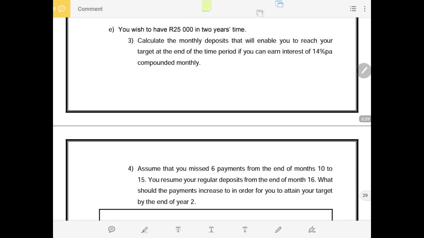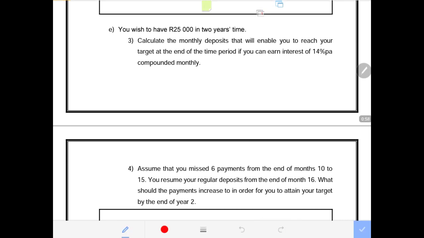So the main focus of the chapter is a cash purchase where you identify what you want, and you invest money every month or every 3 months or every year in order to achieve the target product that you want to buy, or whatever investment that you want to have achieved at the end of the given period.